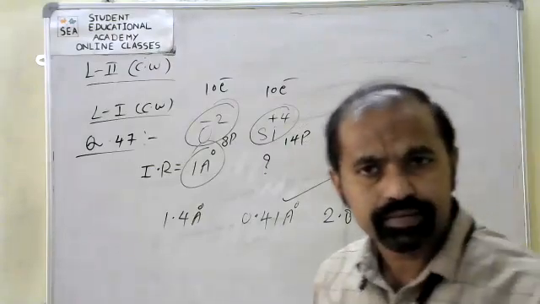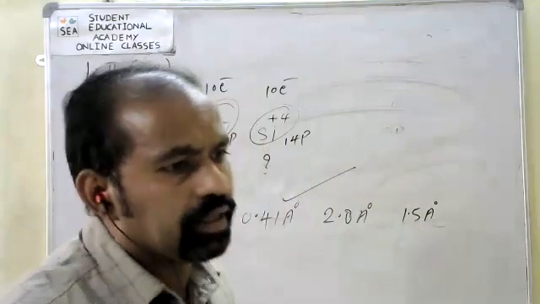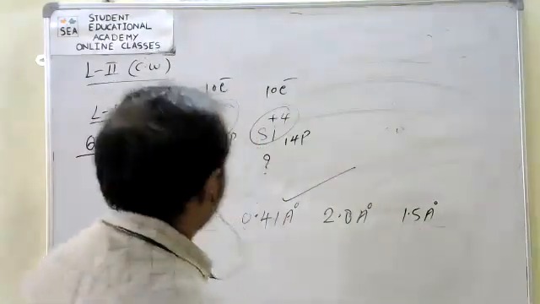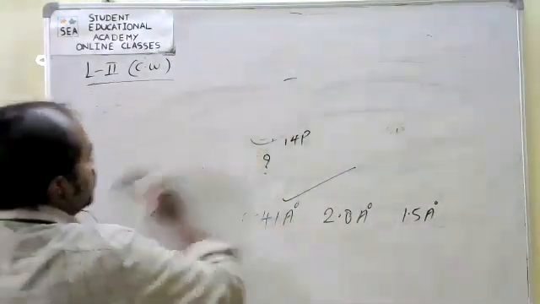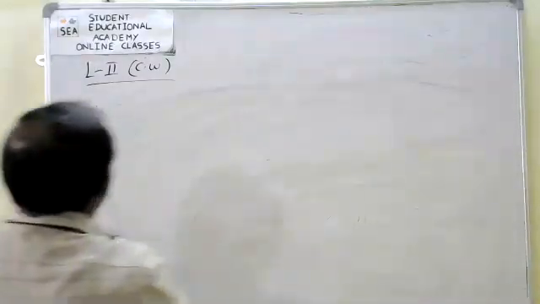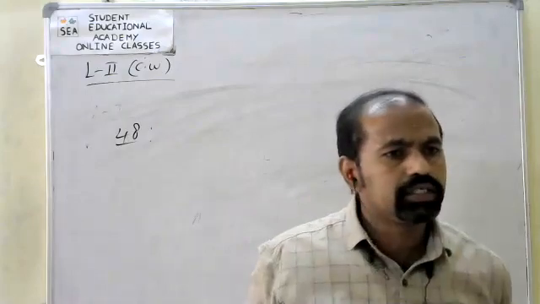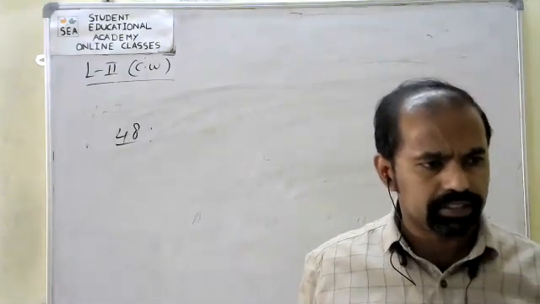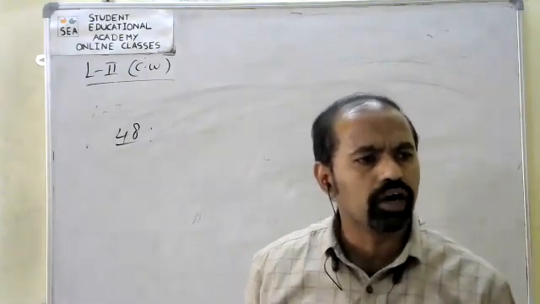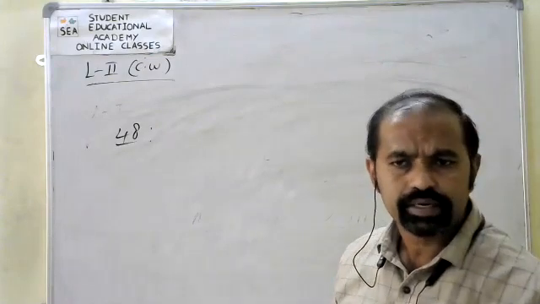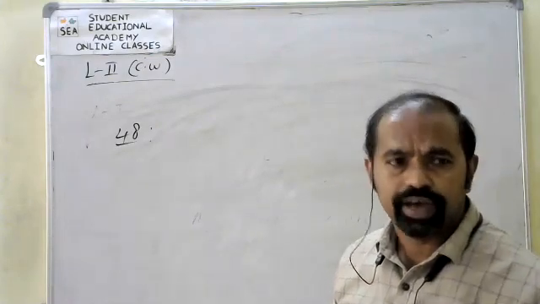Understood that? Yes, sir. Question 48, same classwork. Which set is isoelectronic species? Isoelectronic species means the same number of electrons. Fourth option: K+, Cl-, Ca2+, and Sc3+.